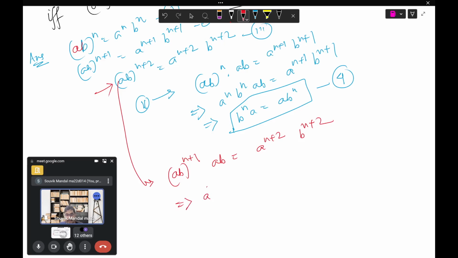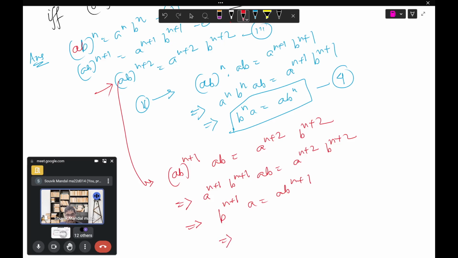This gives what, by equation 2, a to the power n plus 1, b to the power n plus 1, ab, a to the power n plus 2, b to the power n plus 2, right? So this gives b to the power n plus 1 a is equal to a b to the power n plus 1, right?